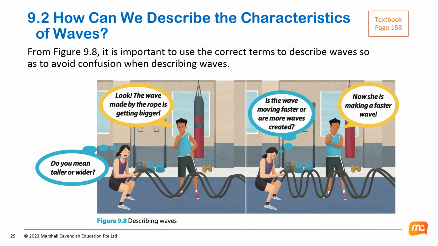Next, "faster". What is actually faster? Are the particles being moved more quickly, or is the wave itself moving more quickly? So these are all things that we will learn how to differentiate between.